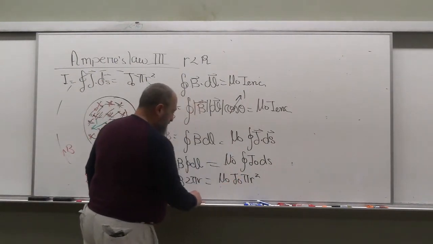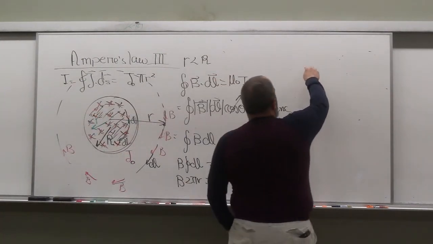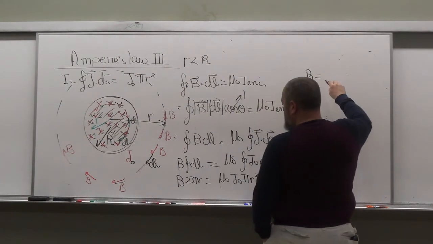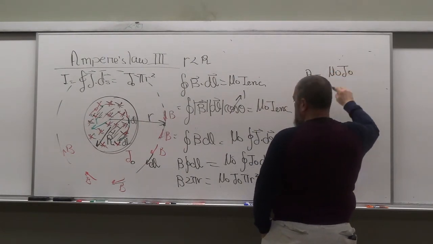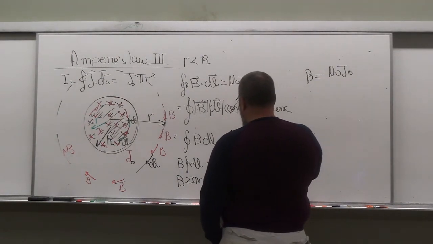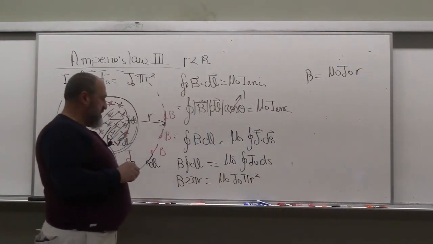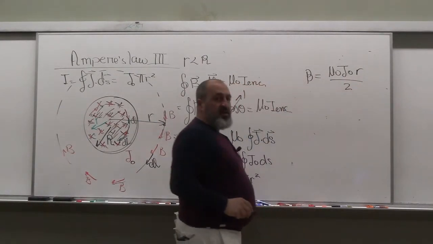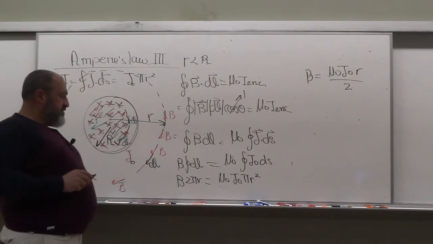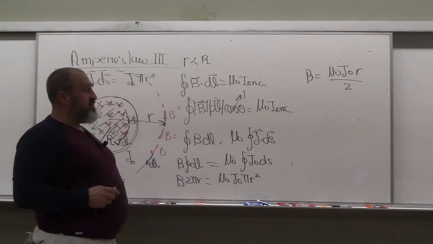So the field inside, for r less than R, B equals mu naught J naught times r over 2. So yeah, pi's cancel, one r cancels. So this is mu naught J naught r over 2.